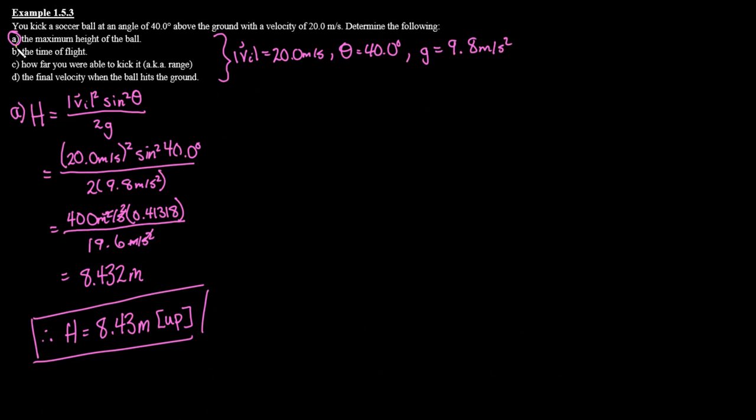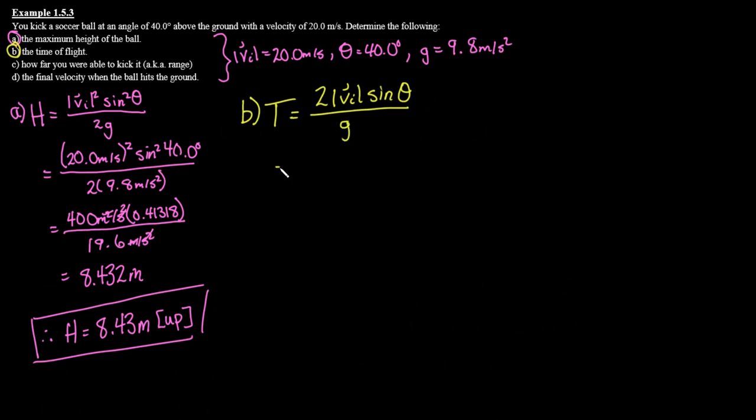All right, now we're just going to find the time of flight. We can use all these same variables for our time of flight. And from our derivations, the time of flight equals 2 times that initial velocity times sine theta all over g.